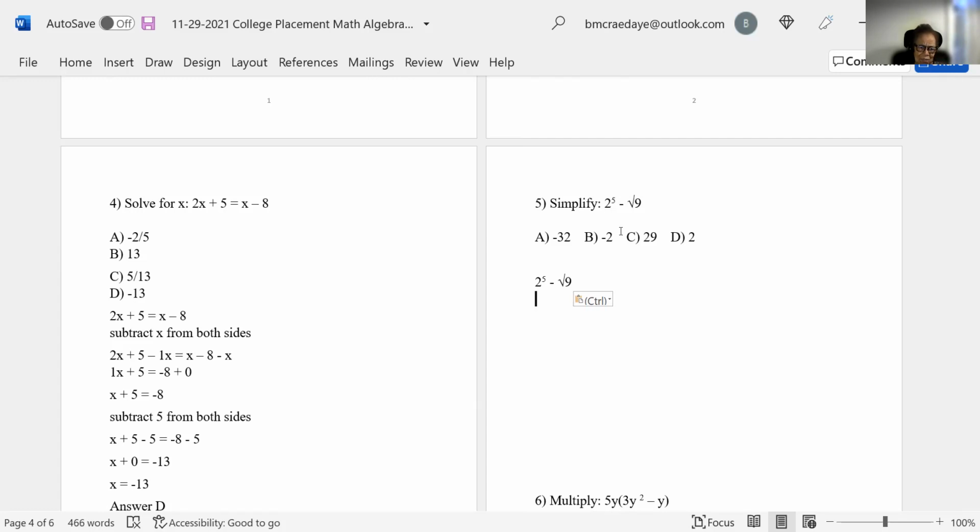How are you getting 25? You said 2 to the 5th power, right? So I multiply 5 by 5. No. 2 to the 5th power means 2 by itself 5 times. Oh.